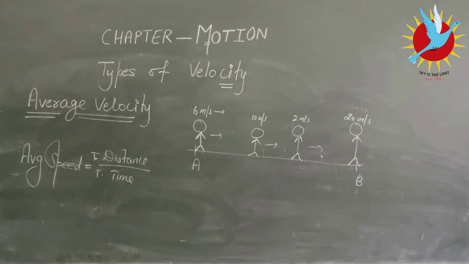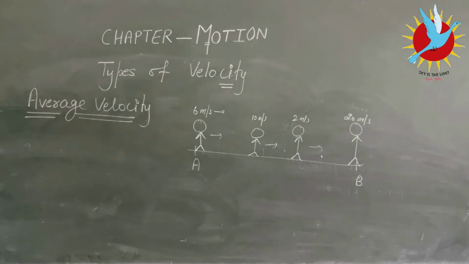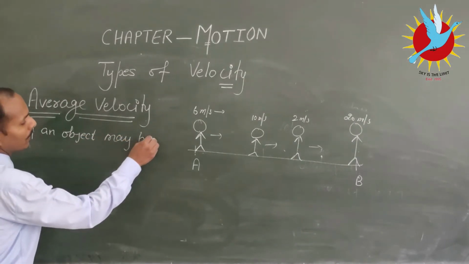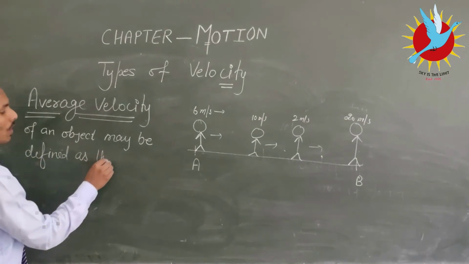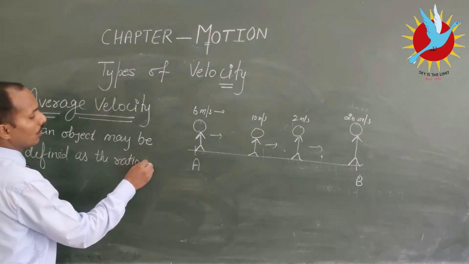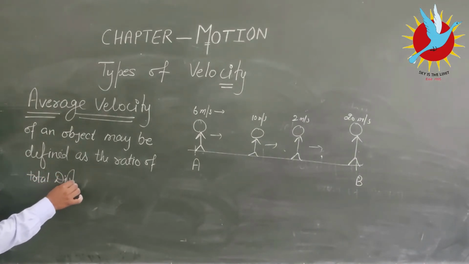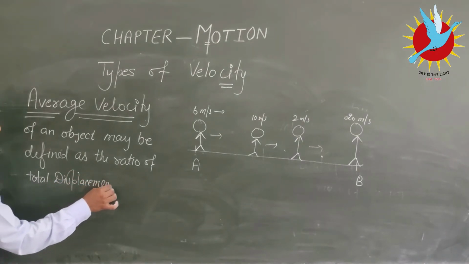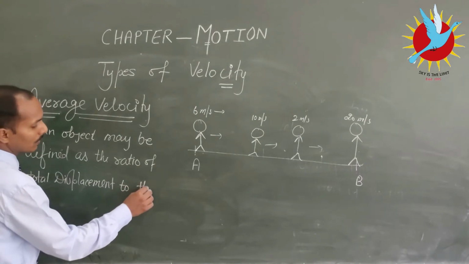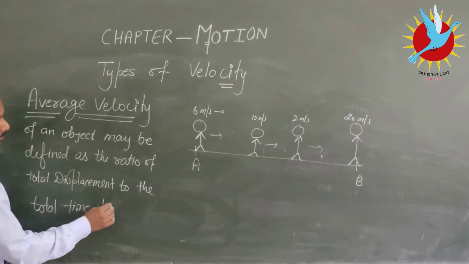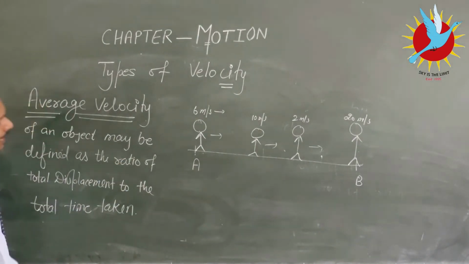Similarly, the average velocity of an object may be defined as the ratio of total displacement to the total time taken.